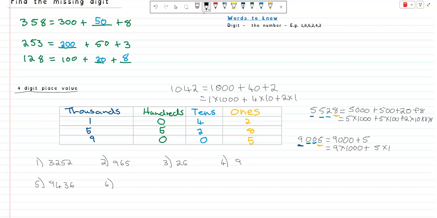Number 6, you have 7,895. Number 7, you have 2,105. Number 8, you have 9,025. And our last two, number 9, you have 3,890, and number 10, you have 2,000.